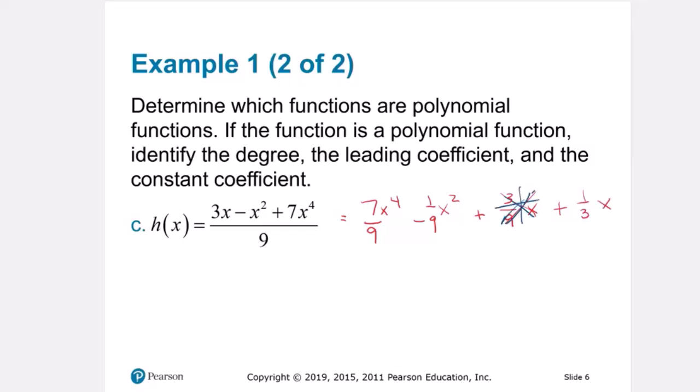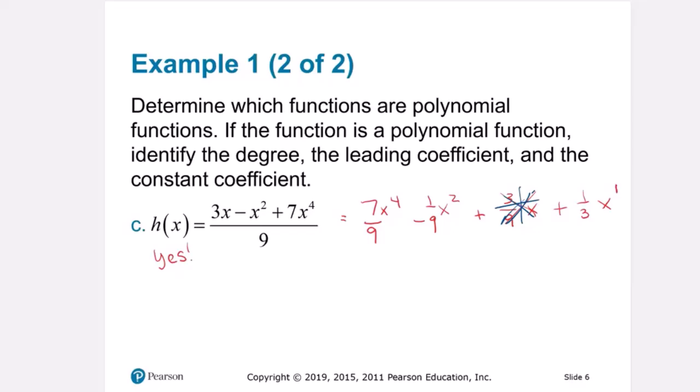That looks like a polynomial to me. I have my coefficients, 7/9, minus 1/9, and plus 1/3. And I have x's all having a positive degree. This x here would really be the same as to the first power. Yeah, this is a polynomial.